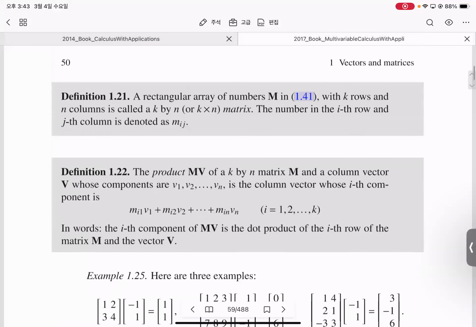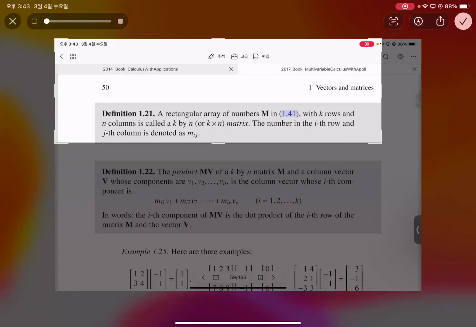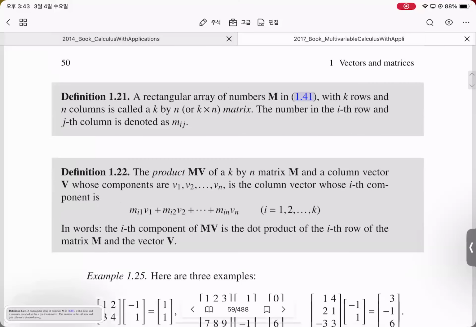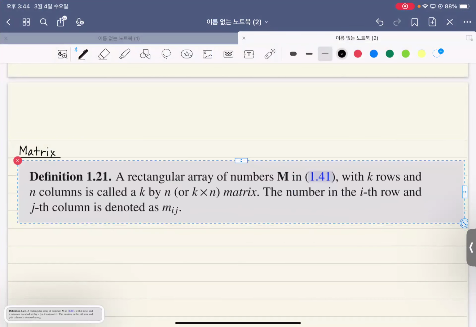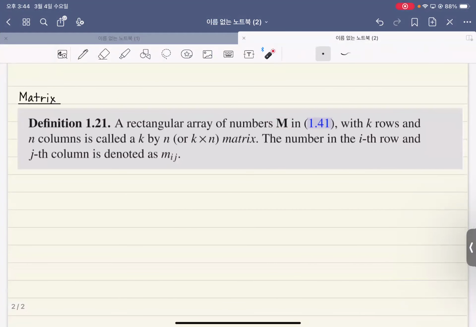Okay, so in our textbook, this is our definition of the matrix. M is called a K by N matrix if this guy has K rows and N columns, so basically a matrix is a two-dimensional array of numbers.